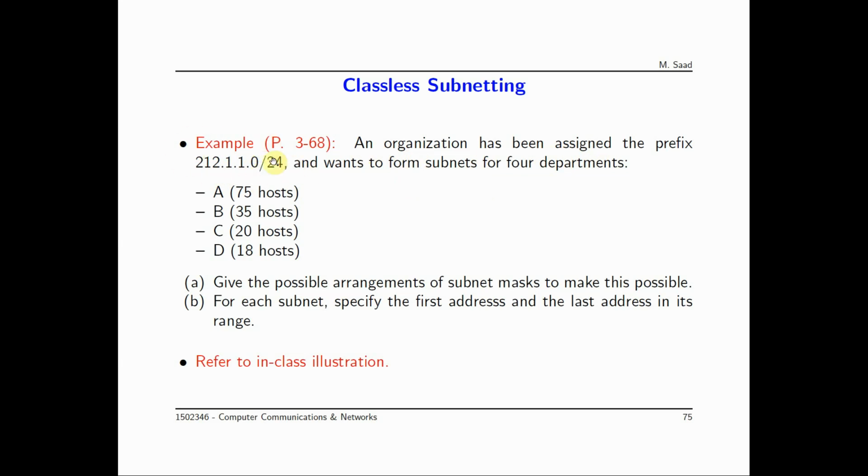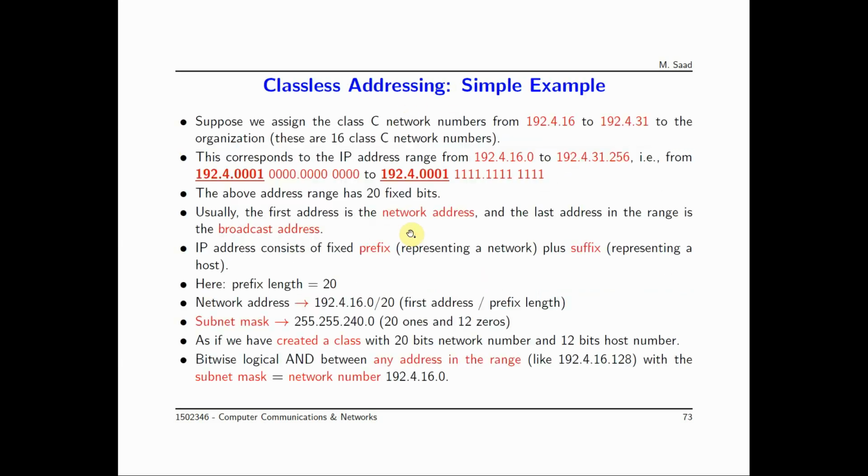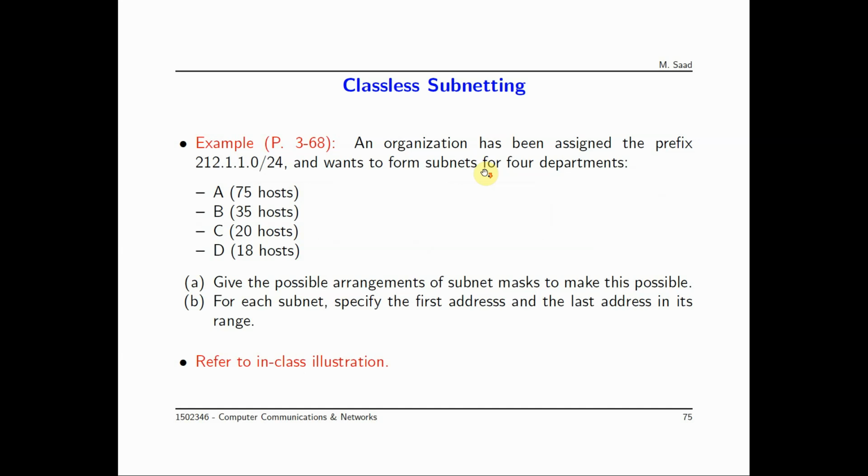This is the IP address of the network of our organization. Since the IP address of the network is always the first address in our block of IP addresses assigned to us, what you see, 212.1.1.0, is the first address in the block of IP addresses assigned to our organization, slash the length of the prefix.